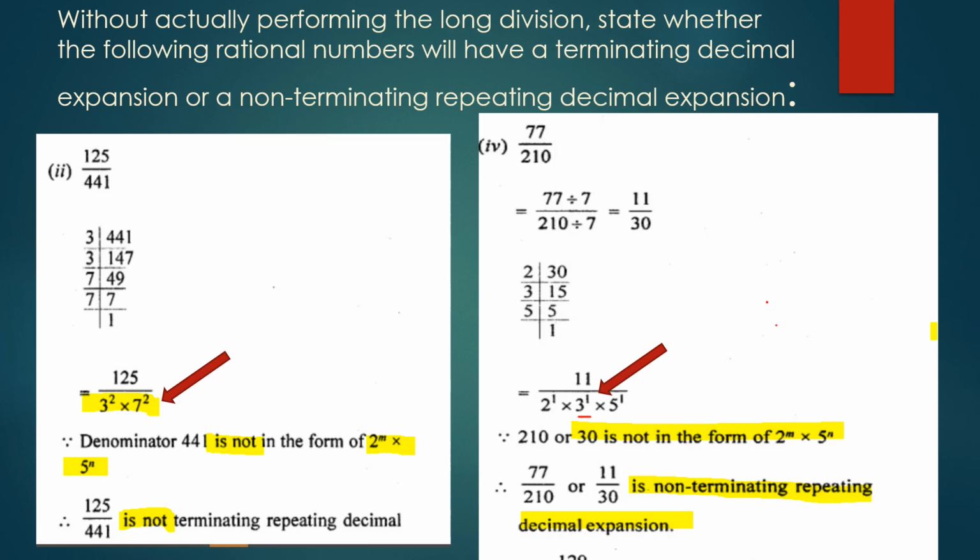It would have been of the form 2 power m and 5 power n. So here the 3 is an extra number, which shows that it is a non-terminating repeating decimal expansion. So see, I have highlighted that 30 is not of the form 2 power m and 5 power n. Therefore 11 upon 30 is a non-terminating repeating decimal expansion.